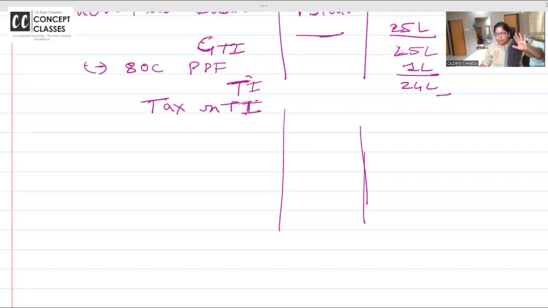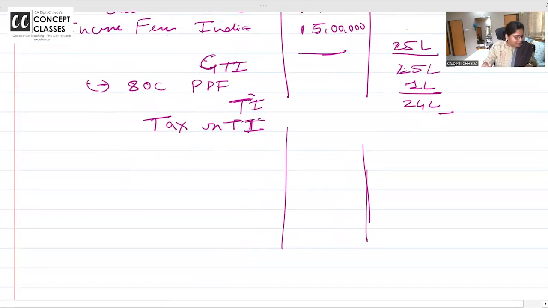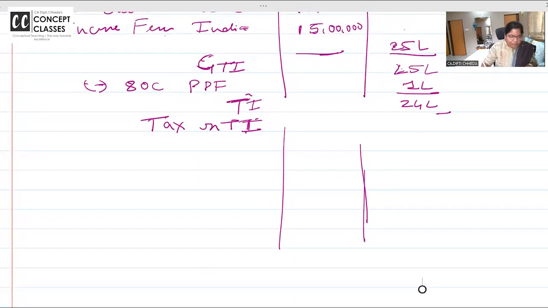Age is not given. So up to 10 lakhs, we know how much is the tax. And on 14 lakhs, that is 24 lakhs minus 10 lakhs, 30% plus 1,12,500. Are you doing it like this? The tax is coming to 5,32,500.